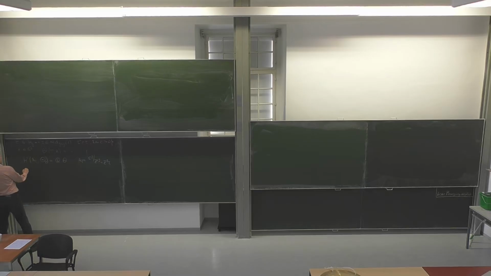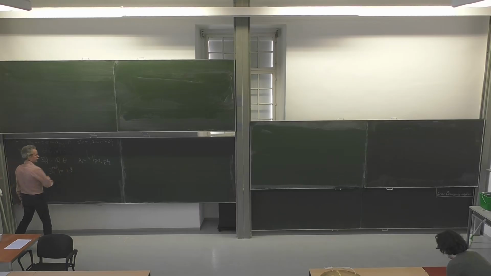And then we had a statement that if I were to compute the dimension of the space of sections of the line bundle's n-th powers, this was going to be n to the g.